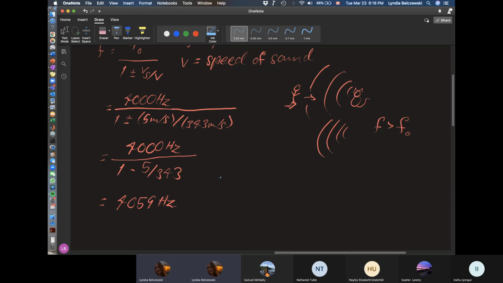Correct me if I'm interpreting this wrong, but you have f equal to f naught times v observer divided by v. So that's just the v observer divided by v. Oh, not the 1 plus. Okay, thank you for clarifying that.